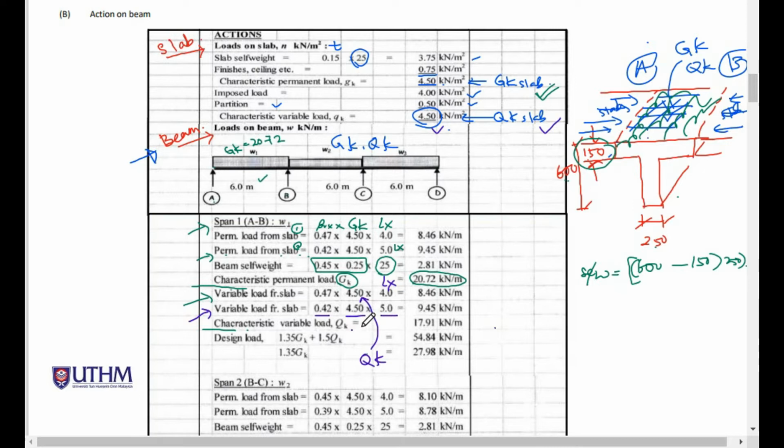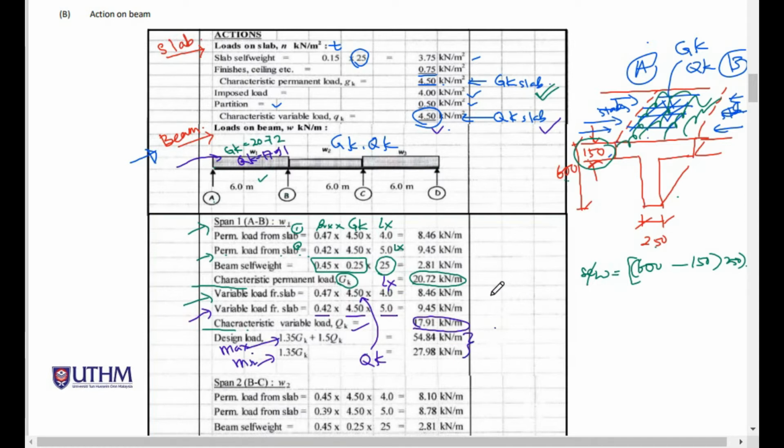And finally we get QK for slab number 1 equal to 17.91. And we multiply with the partial safety factor, which is 1.35 GK plus 1.5 QK for the maximum load and 1.35 GK for the minimum load. So this is the maximum load, this is the minimum load, and this is the value.